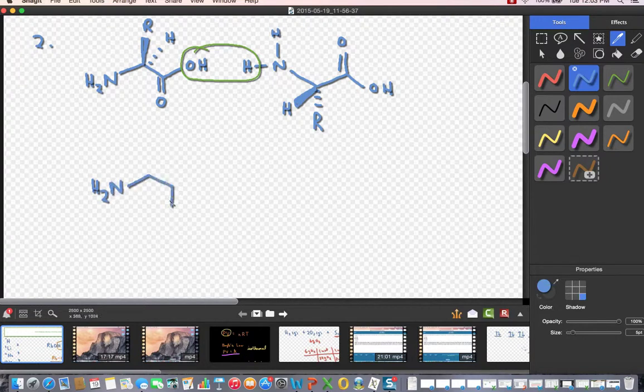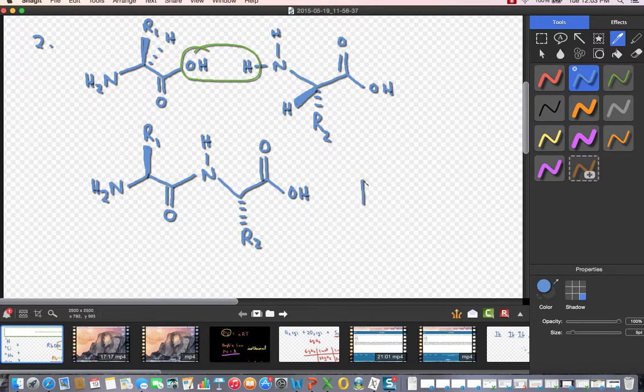Now, I'm giving you a very minimal description of this. This is actually nucleophilic acyl substitution, where I make a carboxylic acid derivative, and in this case, the carboxylic acid derivative is an amide. In this case, we have a dipeptide. I'll call this one R1 and this one R2.